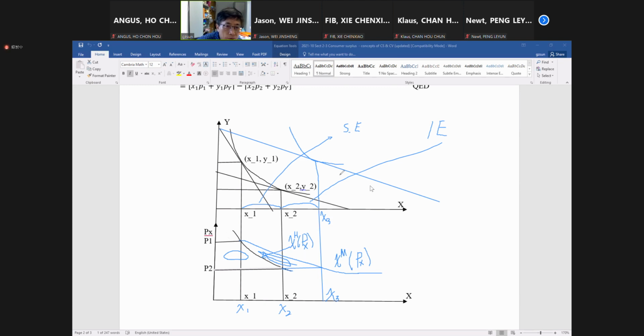That's what we are doing next. Let's look at one example. I hope you now understand the motivation why we consider consumer surplus based on two different demand curves. Let me continue.